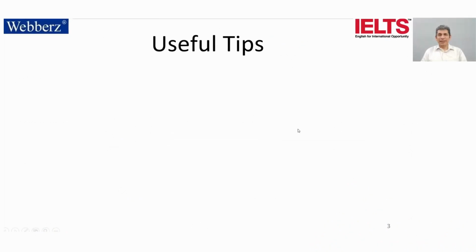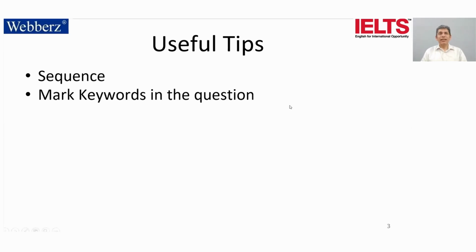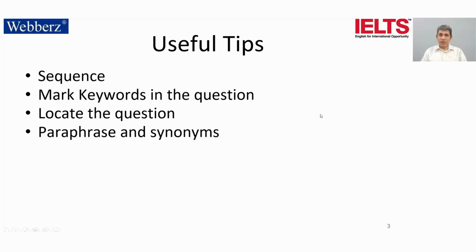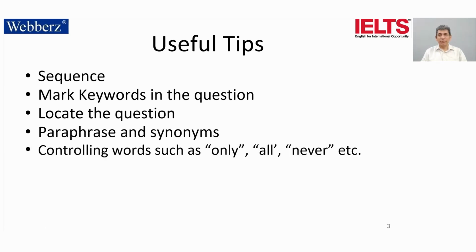Some useful tips. Sequence: all the questions come in a sequence. Keywords are of utmost importance, and you should make sure that you mark them properly. You should locate the question, paraphrase the question, and mark the synonyms so you understand the exact location in the passage.